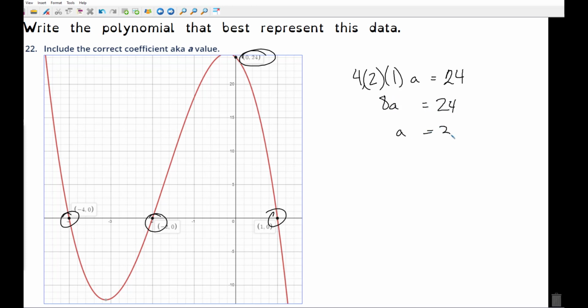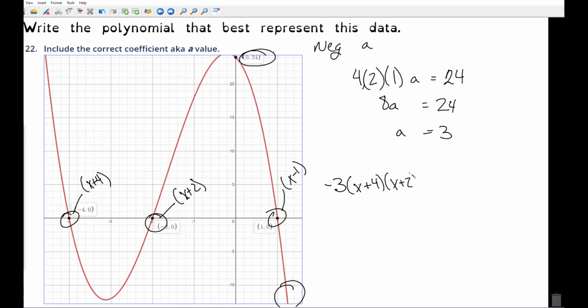So a is equal to 3. We know a has to be negative because it's going down on the right-hand side. And so that means our multiplier is -3. And then we have this factor created by x plus 4. Then we change the sign here, and it's going to be x plus 2. And this one is going to be x minus 1. And that's your answer.